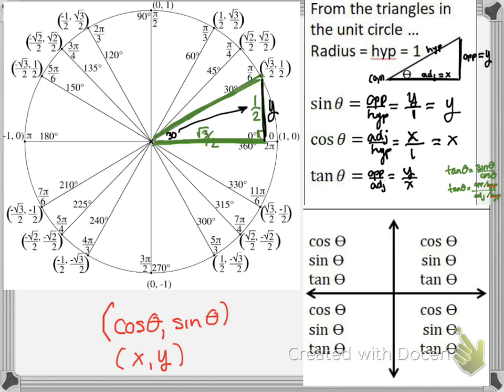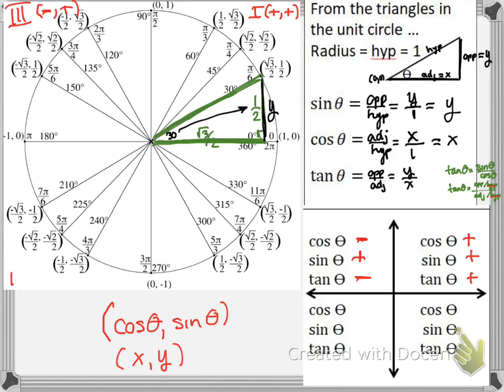In quadrant 1, which we already said is positive, positive, cosine turns out positive, sine turns out positive, and when I divide them, it's still positive. If I'm talking about quadrant 2, I said the x's are going in the negative direction, and the y's are still going up. That means the x's, which are the cosine, are going negative. The sines, which are the y's, are going up to the positive. And if you divide a positive and a negative, you get a negative.